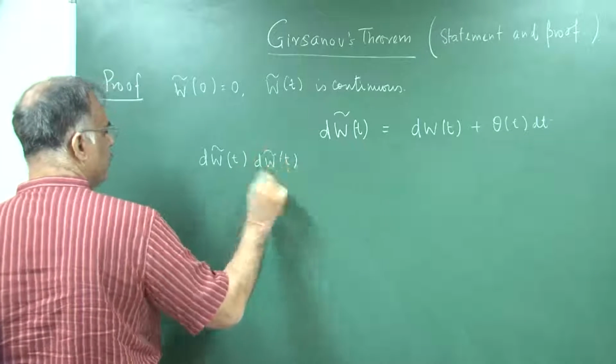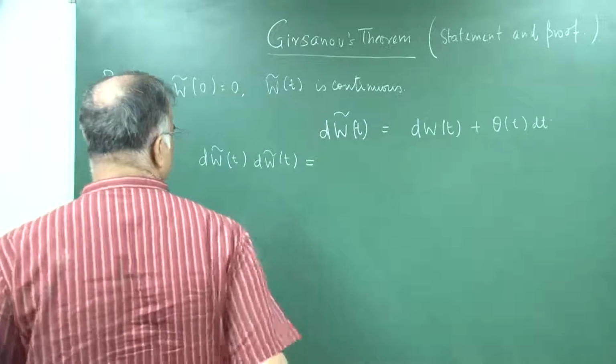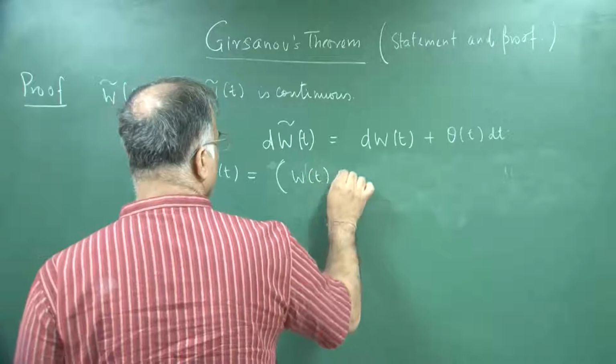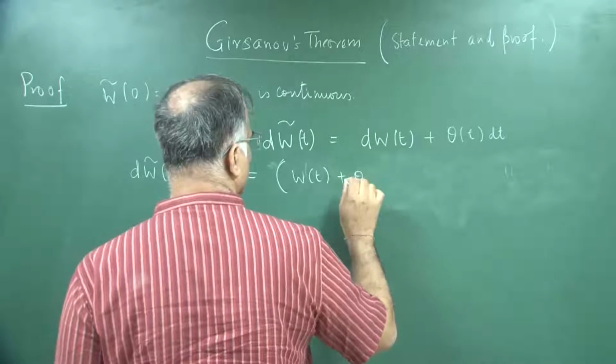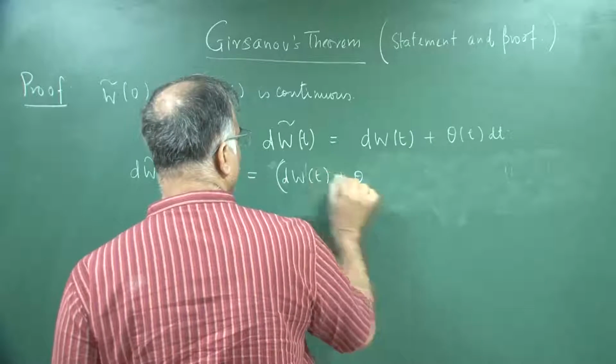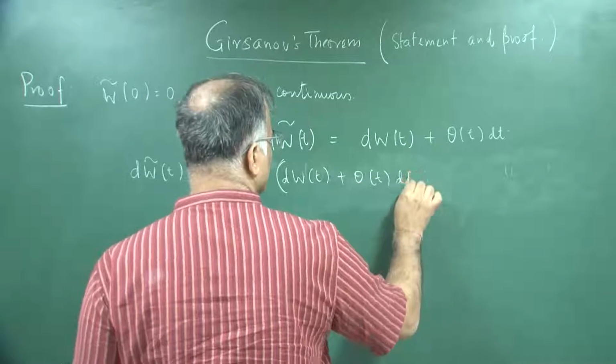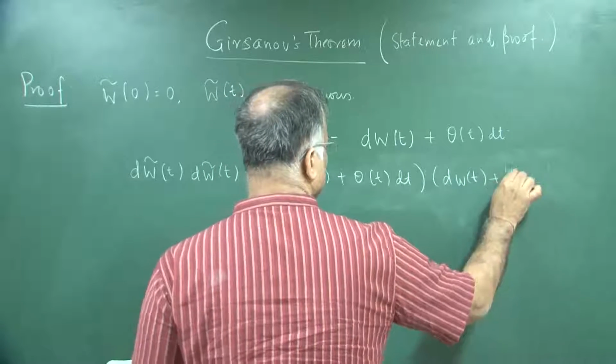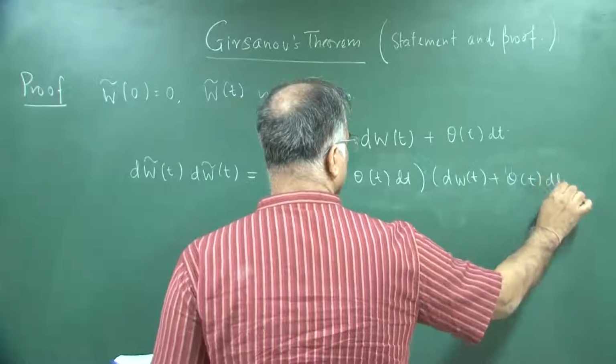These are the tricks we have learned in the previous part. So, it will become dwt plus theta t dt into dwt plus theta t dt.